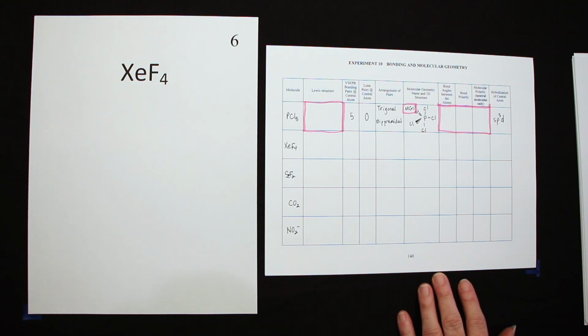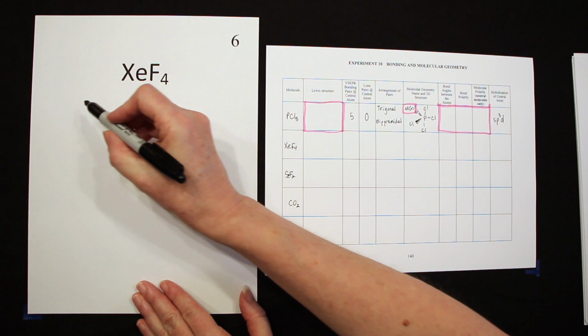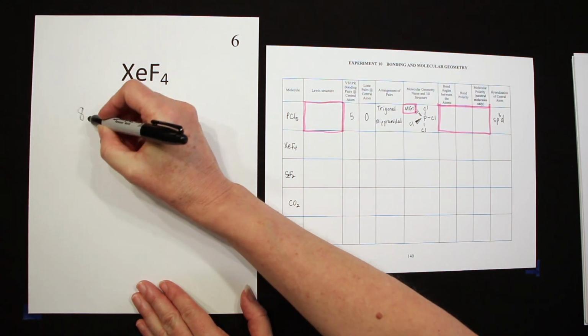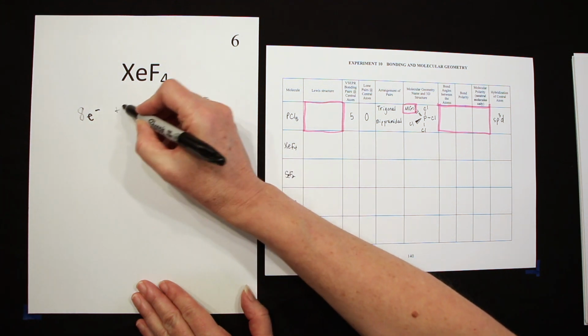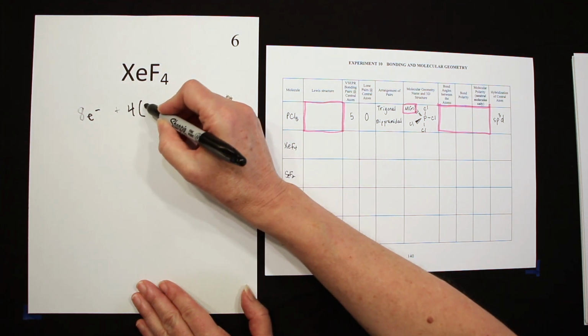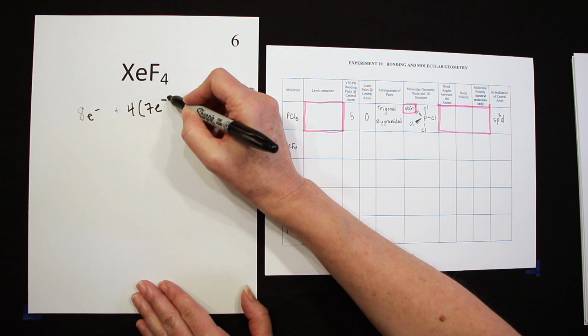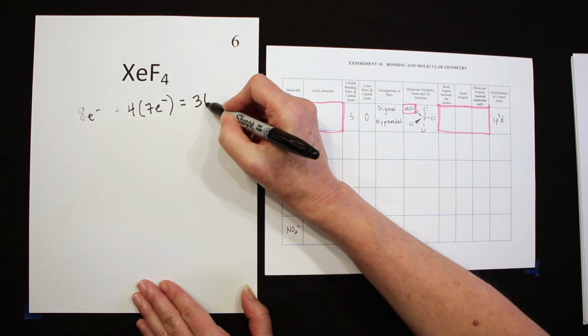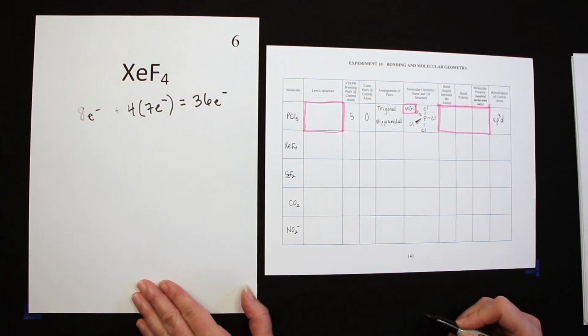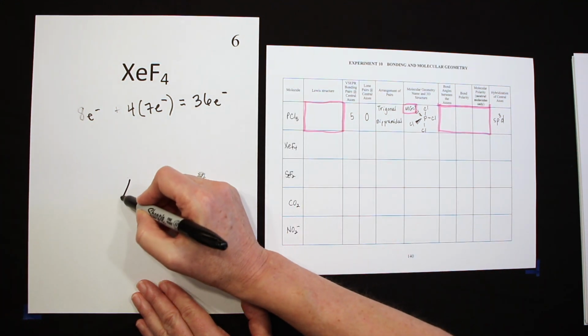Our next molecule is xenon tetrafluoride. Xenon is a noble gas in group 8, so it has 8 electrons. Fluorine is in group 7 with 7 valence electrons, for a total of 36 electrons that we need to put in our structure.